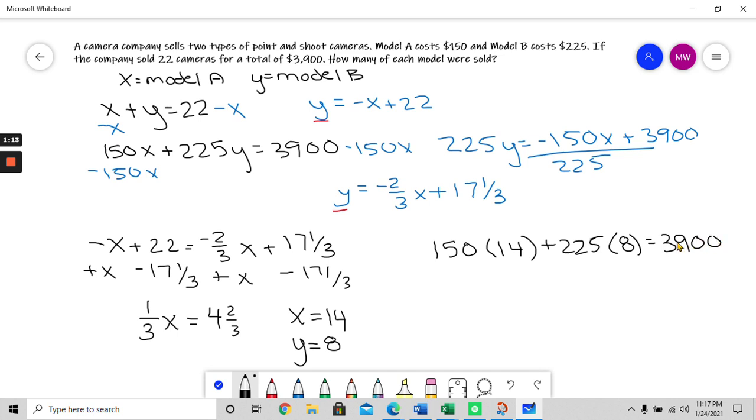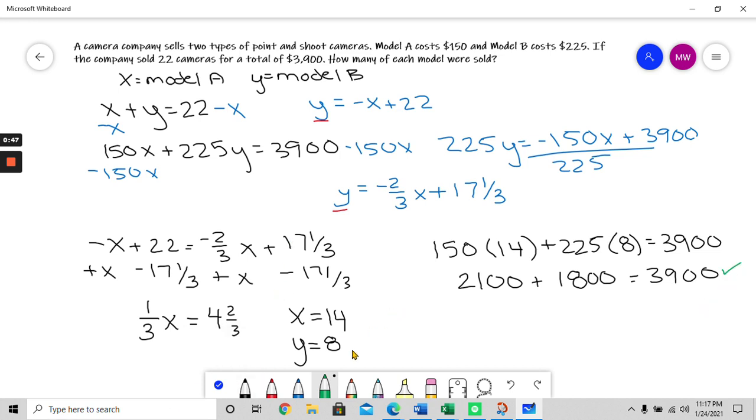If it is, then we know our answers are correct. So 150 times 14 is 2,100, and 225 times 8 is 1,800. And if you add that together, you do get 3,900. So we know our answers are good.